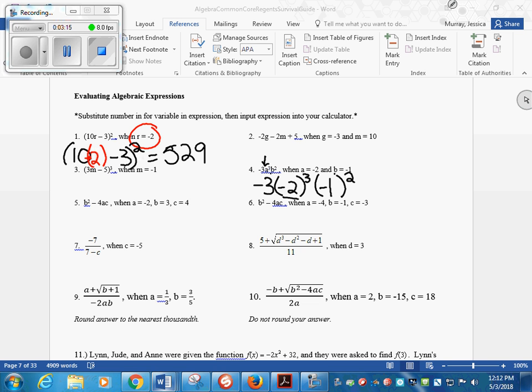So then all you do is you plug that into your calculator the way it looks that you just wrote on your paper. Anybody else concur that it's 24?